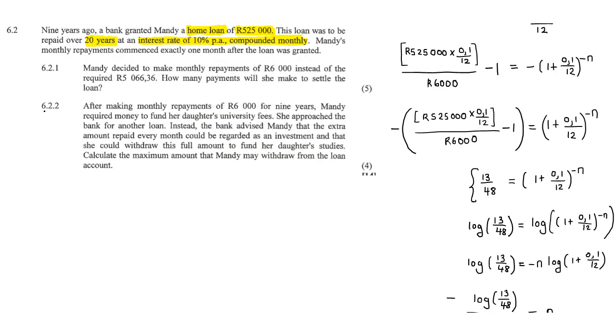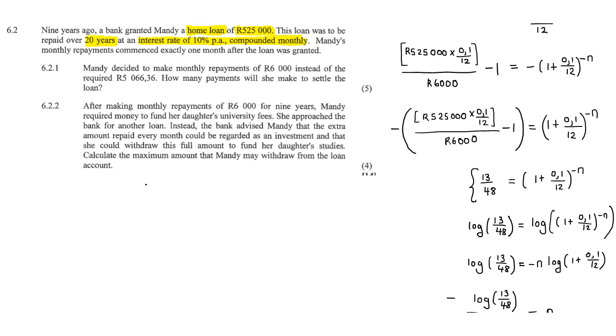Okay, so now let's move on to question 6.2.2. It now says that after making monthly repayments of 6,000 Rand for 9 years, Mandy required money to fund her daughter's university fees. She approached the bank for another loan.